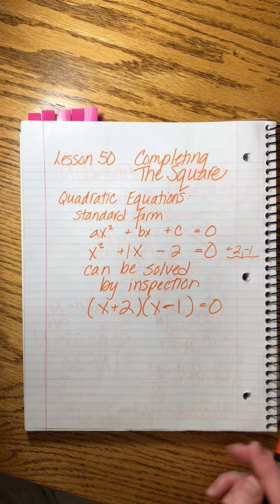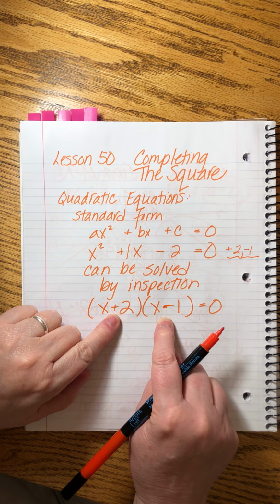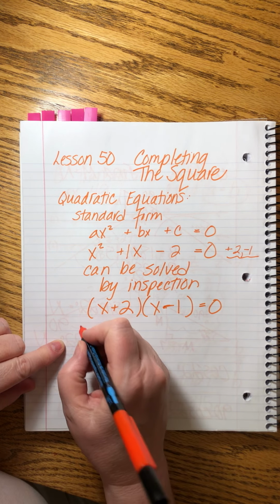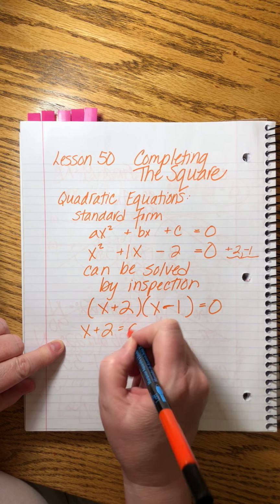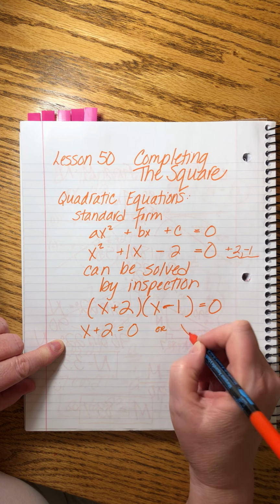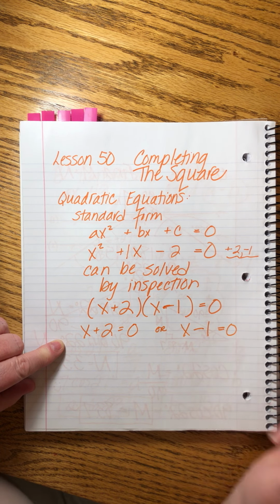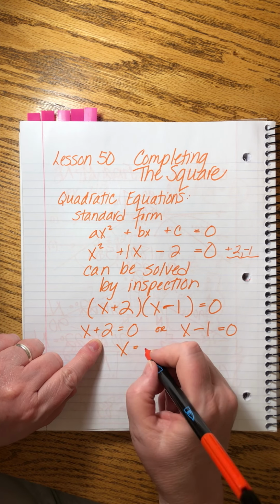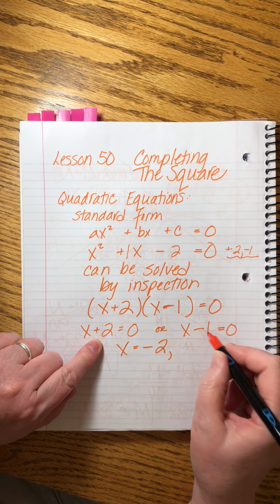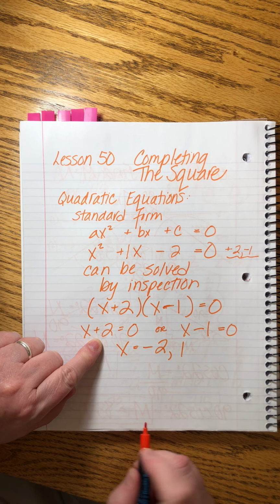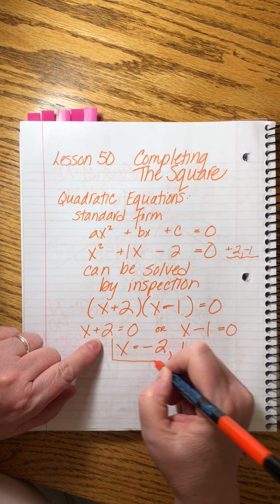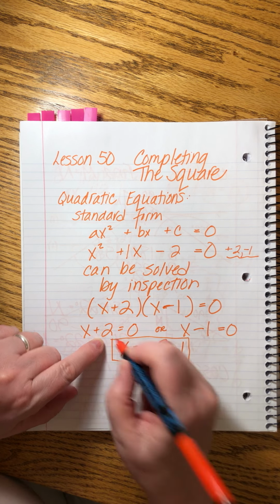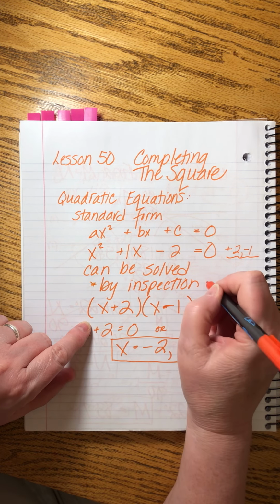And then we say, okay, if we're multiplying two things together to get 0, then either x plus 2 equals 0 or x minus 1 equals 0. And that tells us that x equals, and we can do the algebra in our heads, x equals minus 2 or 1, right? You know how to do this. We've been doing this. We call this solving it by inspection.